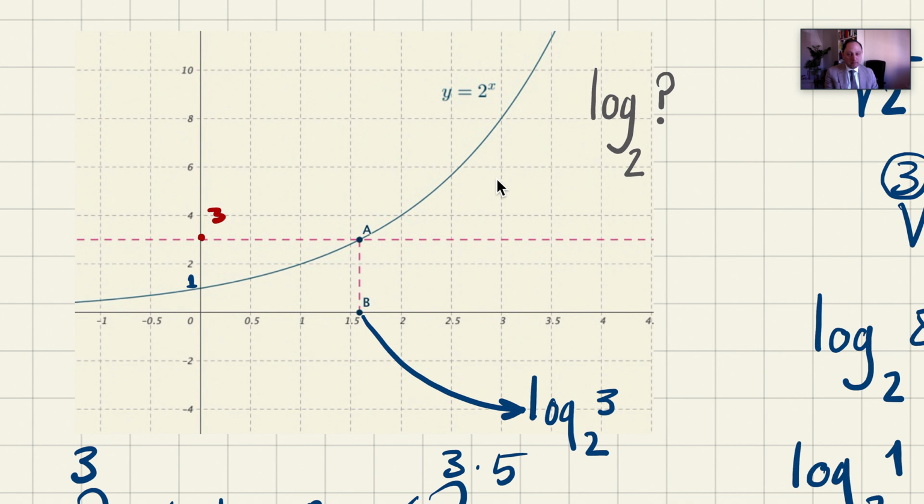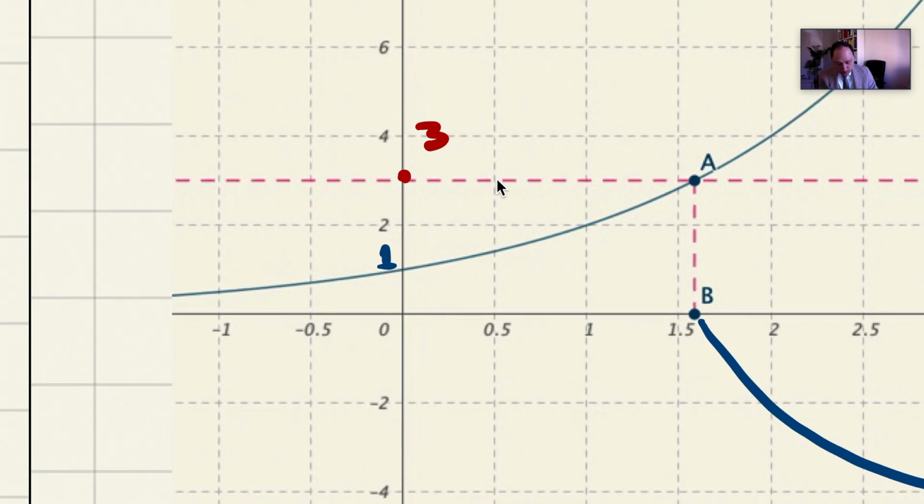Everybody agrees? Why is that? Because if I choose a random number between 0 and 1, my goal is to continue to intersect the curve. There is no point to go to the right.